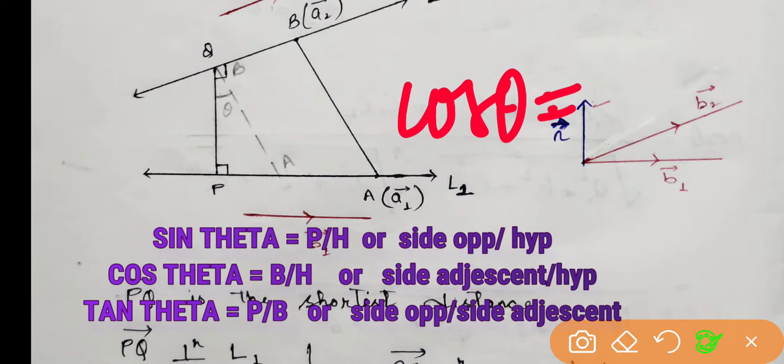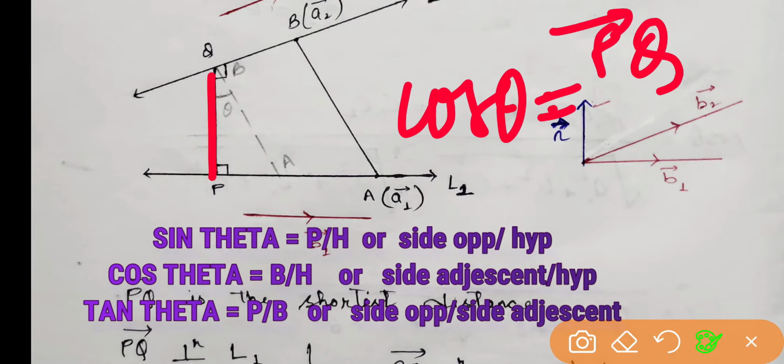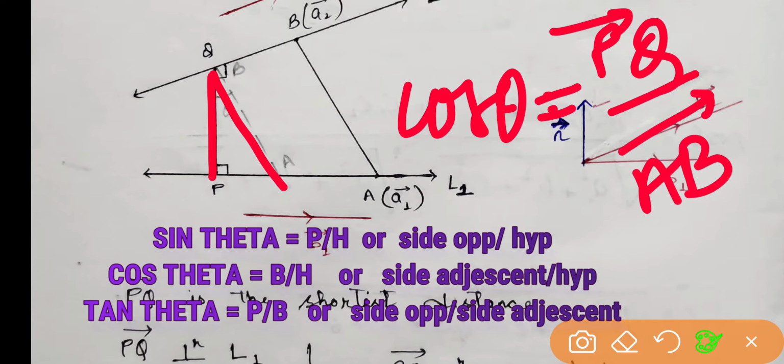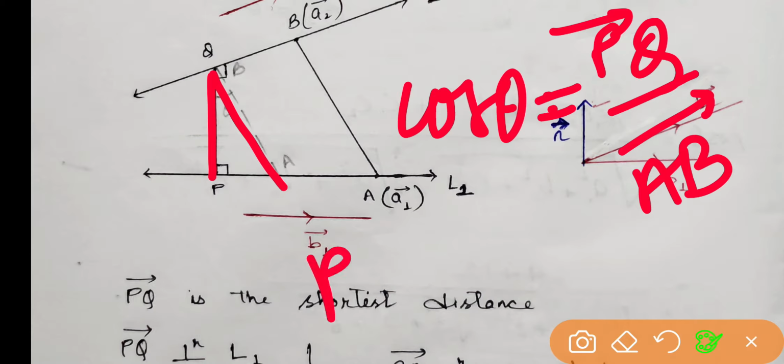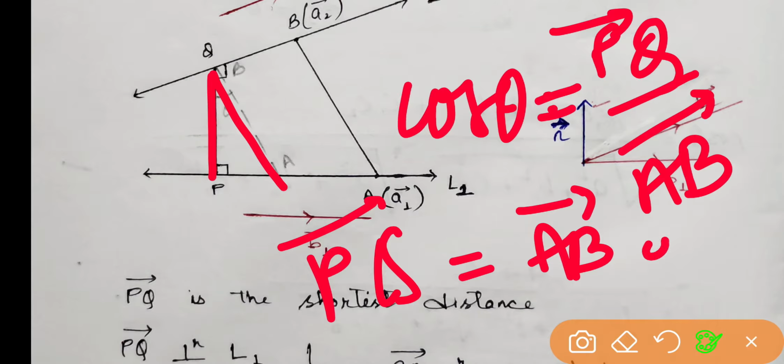The side adjacent is the PQ vector, and the hypotenuse is the AB vector. So from this I can get PQ is equal to AB cos theta.